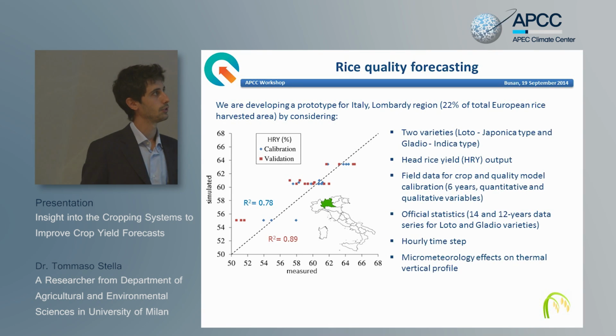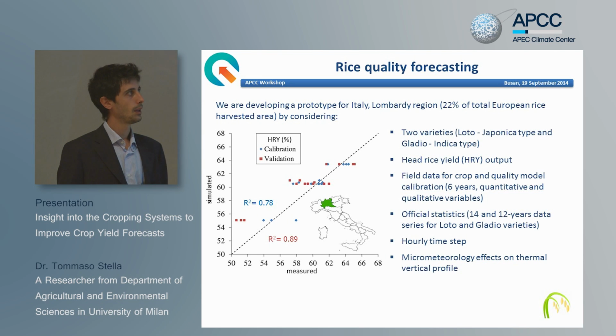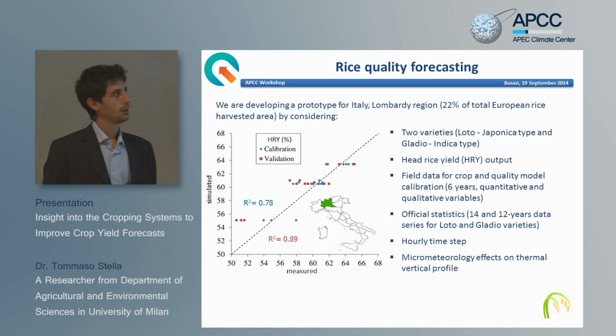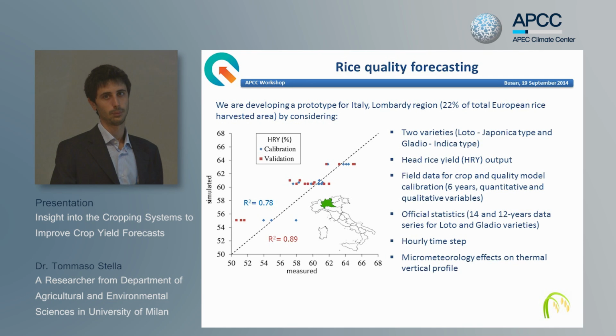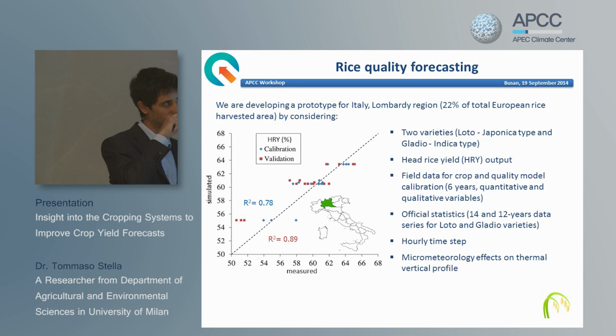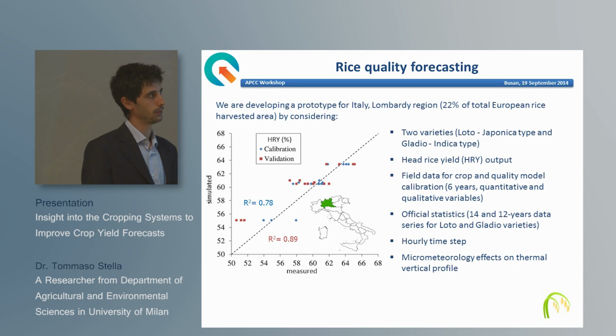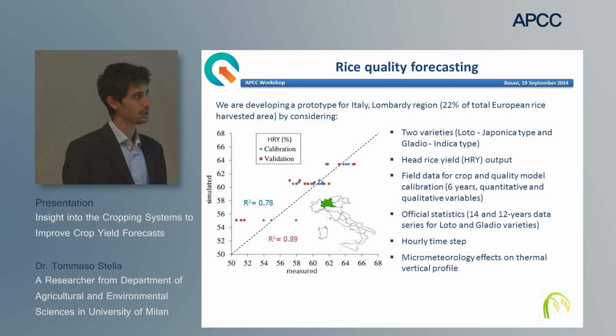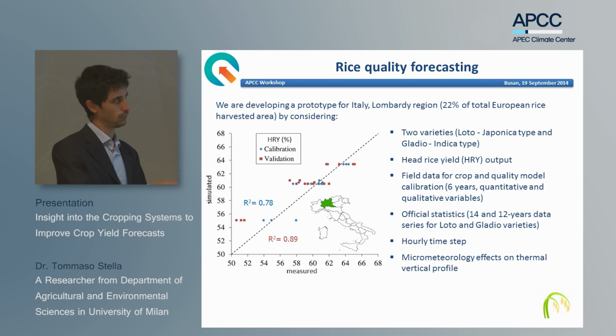And we are considering two different varieties, with this head rice yield indicator as an output. And we have field data both for crop quantitative and qualitative aspects. We have enough data for model calibration. We have official statistics to relate the outputs with.